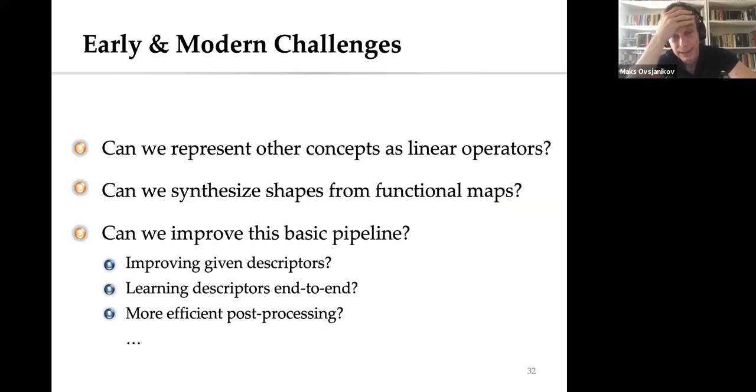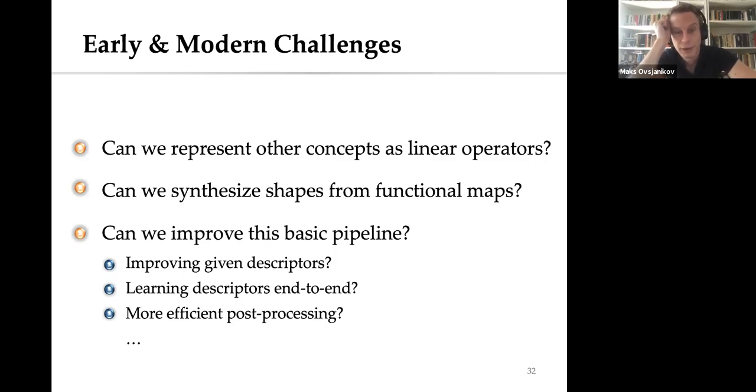And once we realized this, many questions naturally came about. The first question is, can we represent other concepts as linear operators? Here we show that a mapping can be represented as a linear operator, a matrix, and maybe there are other things in geometry we can do in a similar way. The second question is, can we synthesize shapes from functional maps? Given a source shape and a functional map, can you create a target shape?